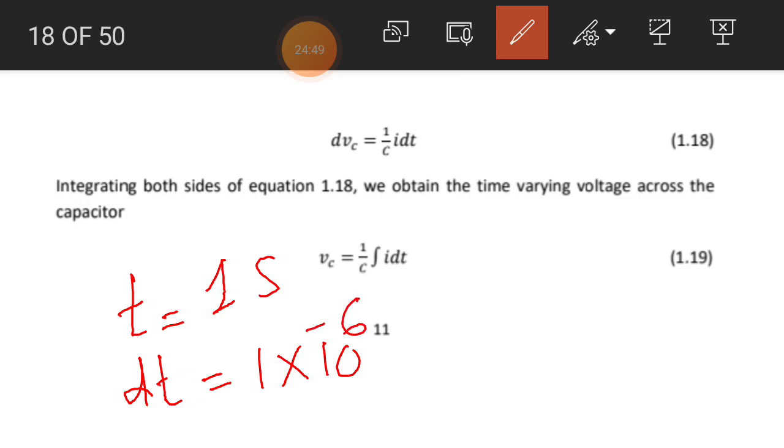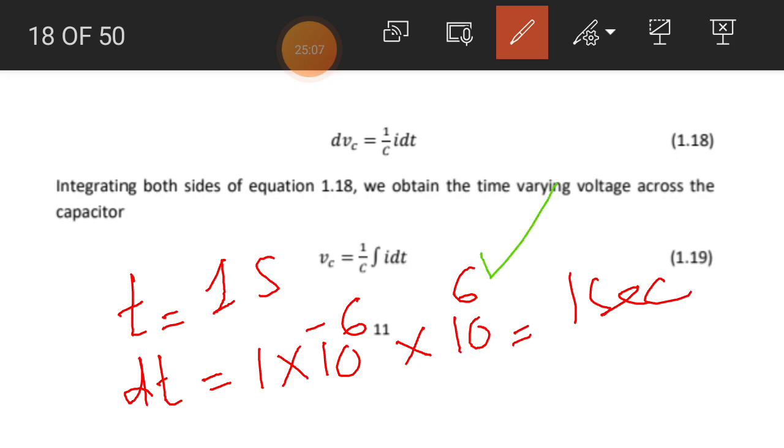This means that we have divided the total time into 10 raised to power 6 segments, which results in 1 second. So we have divided the total time into a very large number of very, very small segments. If you divide a quantity into a very large number of very, very small portions, a small portion will be known as a differential quantity.